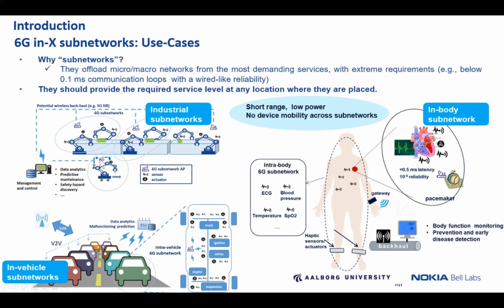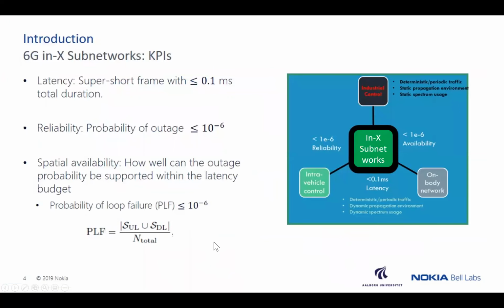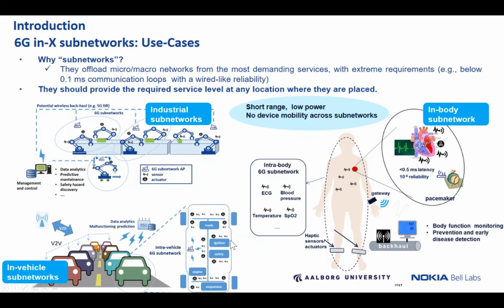And this would require much lower latency than what can be supported by the current 5G NR radio networks. This type of subnetworks could also be installed inside vehicles. So here, this could be for things like ABS or airbags and other life critical applications.